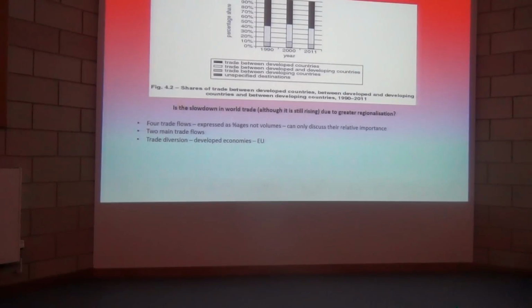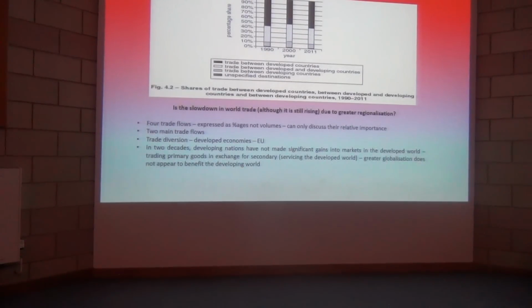It's cheaper to import them from within the European Union, because there is free trade between nations in the European Union. There are no tariffs, whereas goods coming in from outside are subject to tariffs. So that's something that you may consider.